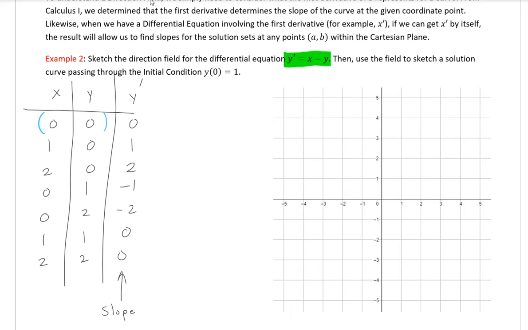Note that I'm not going to continue it too far. I'm just putting it centered at 0, and I just have that line. At 1, 0, which is right here, I have a slope of 1. A slope of 1 looks like this. If I just think about an xy curve that has a slope of 1, it would be a curve that would continue like this. That would be a slope of 1.